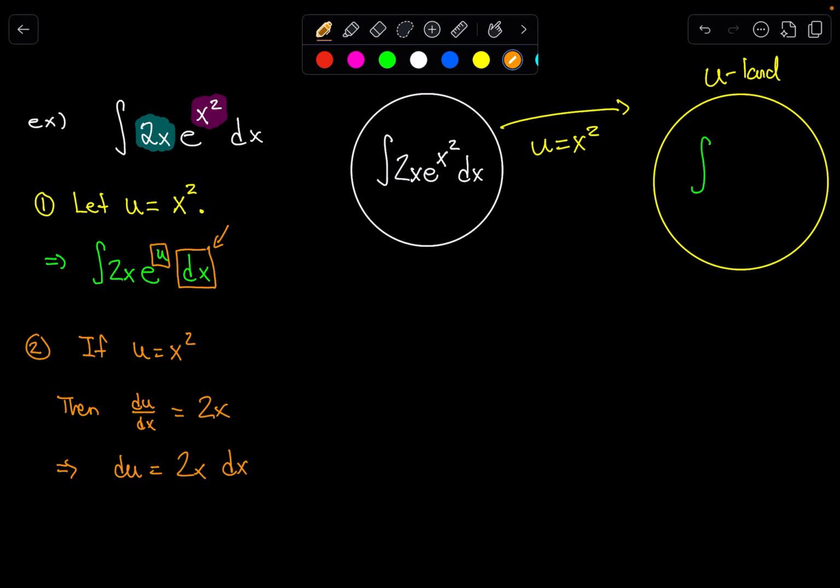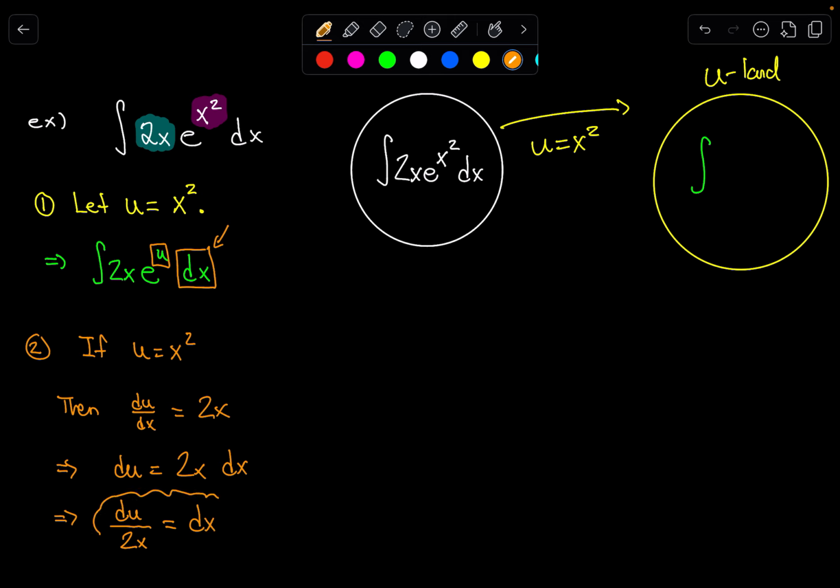At this point, if you're extra astute in your observations, you might notice that 2x dx is sitting right here in this problem, and so that is just going to become our du. But if that's a little too big of a jump, we're going to continue the steps from the last example and get that du divided by 2x is equal to dx, okay?